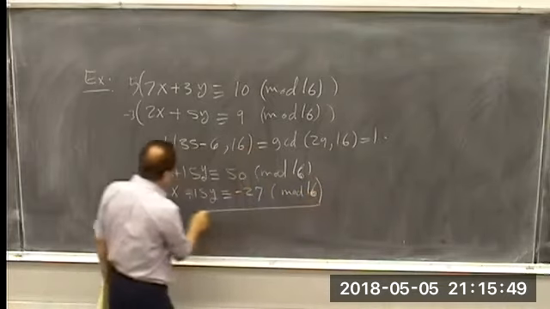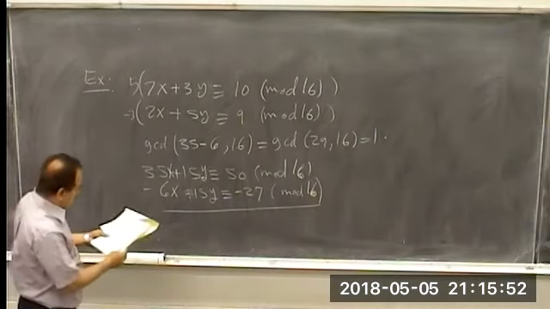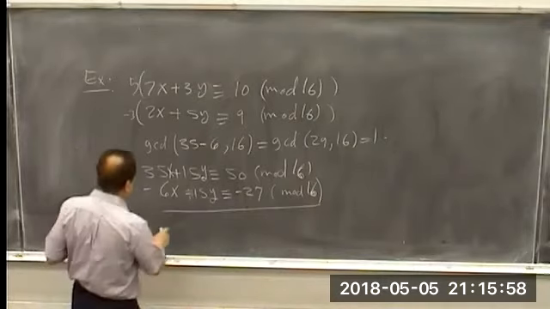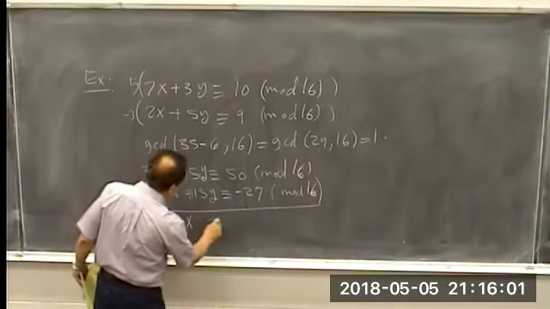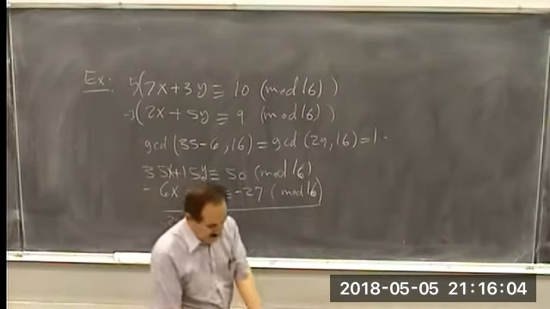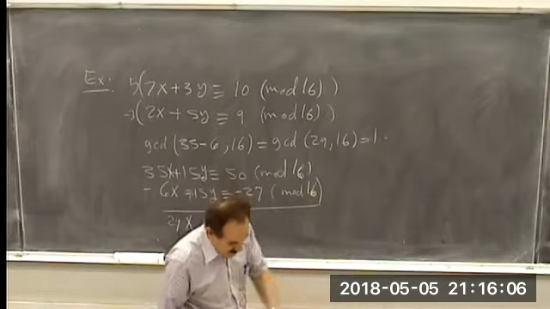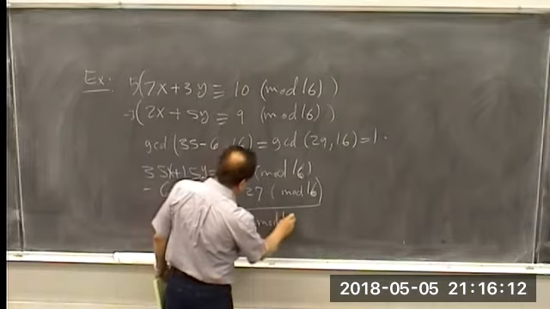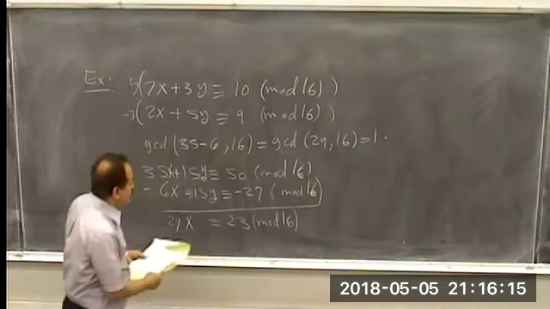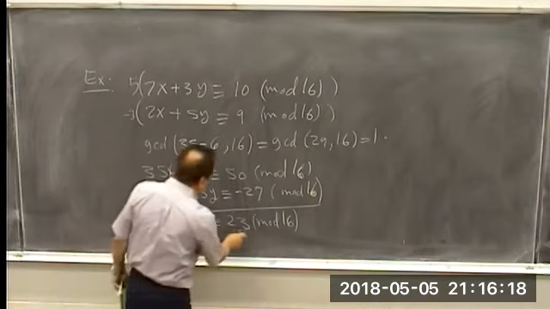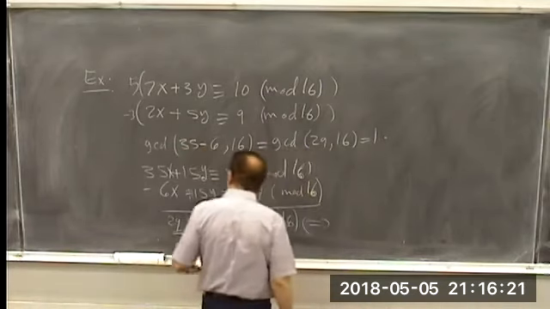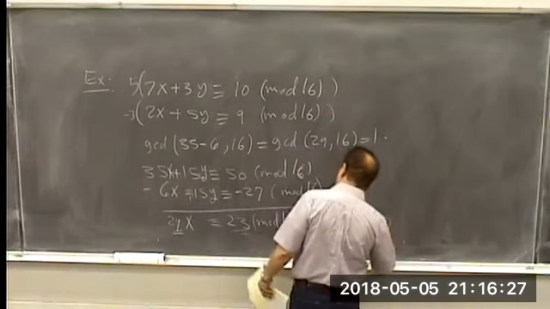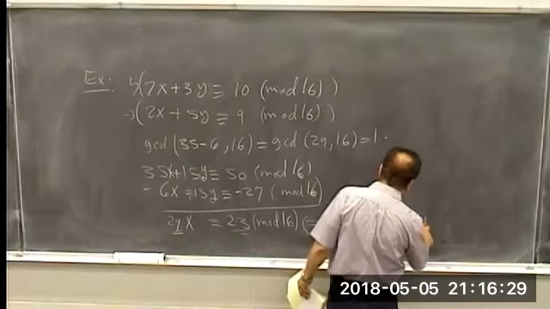All right, let's add these up. When we add, we come up with 29x congruent to 50 minus 27, that is 23 mod 16. And we can even reduce the coefficients mod 16, so this is equivalent to 13x congruent to 7, which is the 23 mod 16.